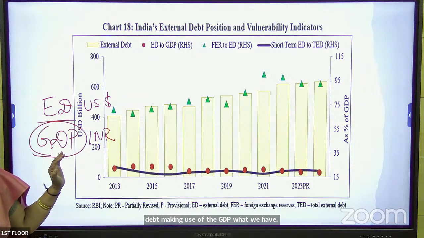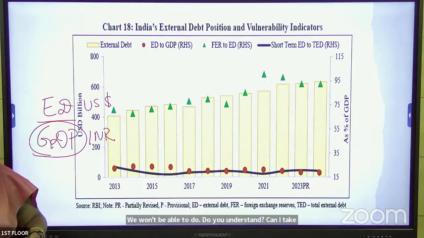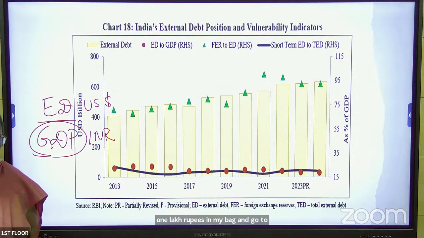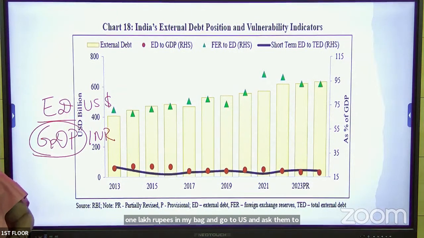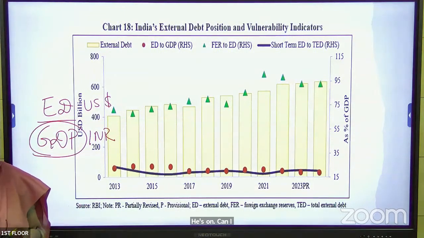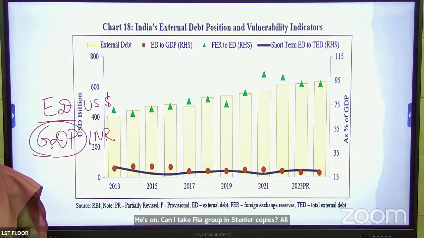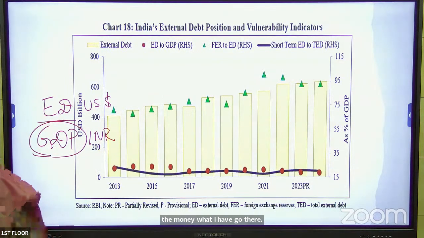Do you understand? Can I take 1 lakh rupees in my bag and go to the US and ask them to give me US dollars? Say something. Can I take 5 lakh rupees, 10 lakh rupees, all the money I have, go there and ask them to give me dollars? Can you go to an exchange here and just give them the rupees and ask for dollars?